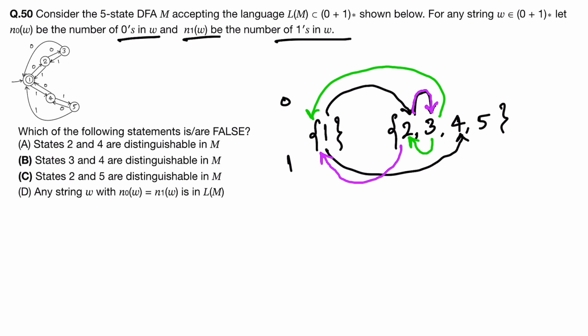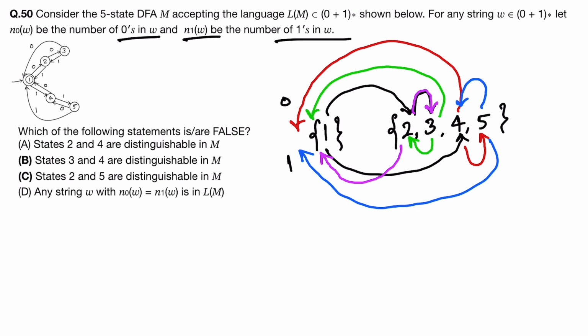Okay, for 4, at 0 goes to 1, at 1 goes to 5. For 5, at 0 goes to 4, at 1 goes to 1.